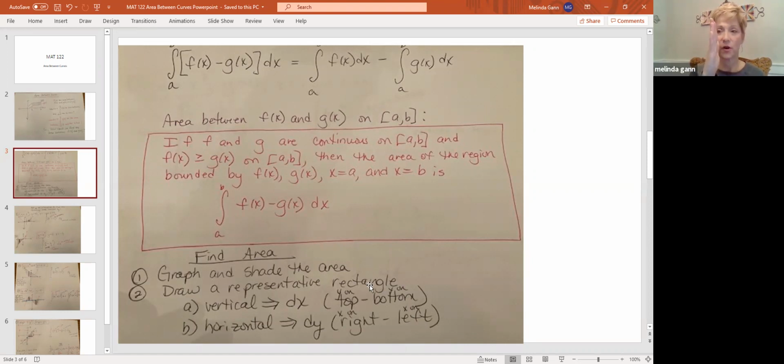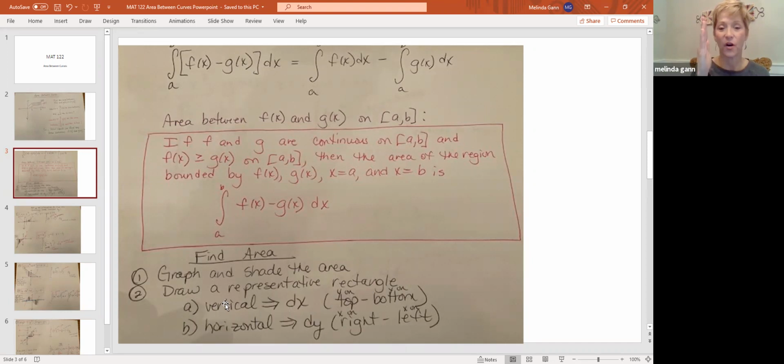You're either going to draw a vertical rectangle or a horizontal rectangle. Most of the time, people like vertical rectangles, and I understand that. You can use a vertical rectangle almost a majority of the time, but there are going to be times when you need to use a horizontal rectangle, and I'll show you one in a minute, or you would choose to do that. Depending on how you draw your rectangle, that tells you whether you have to use dx or dy.